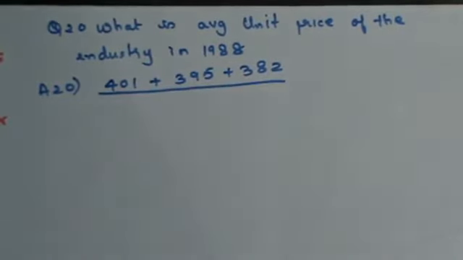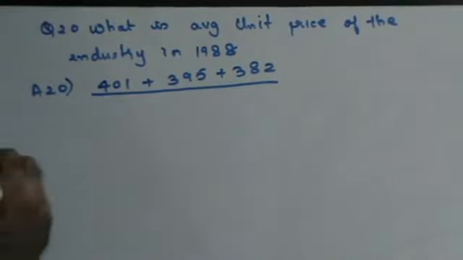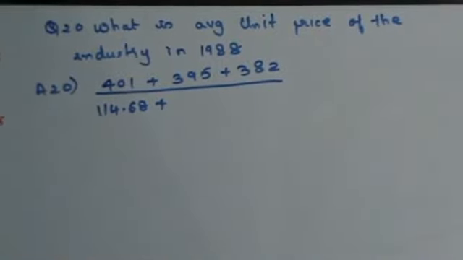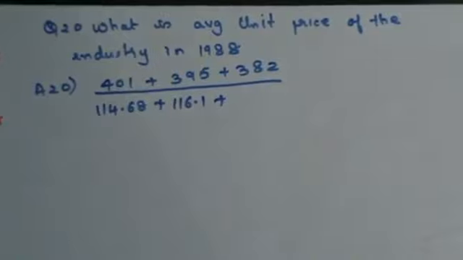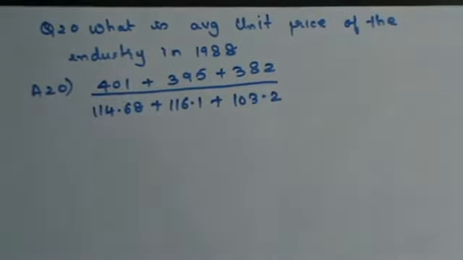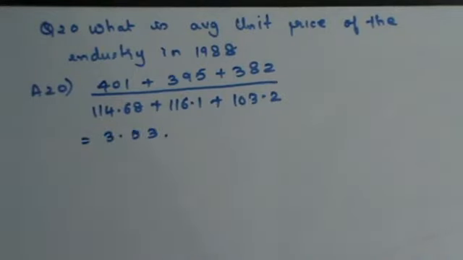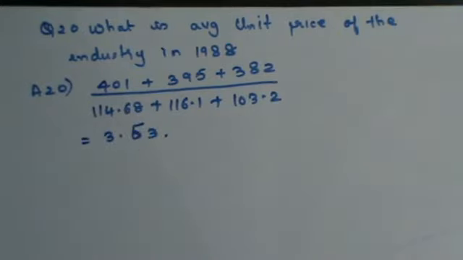This was my total sales, and the number of units that I've sold is 114.68 plus 116.1 plus 103.2, right? When you divide this, this will come to 3.53. So the average price at which I was selling in 1988 is 3.53.